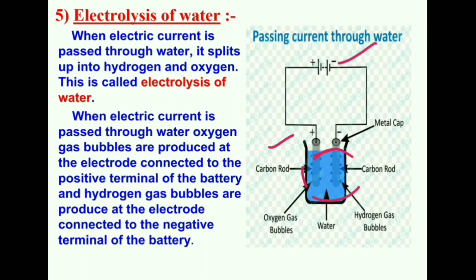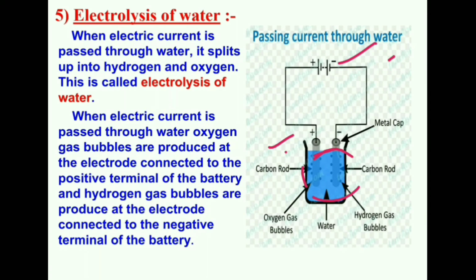दोनों इलेक्ट्रोड्स पे कुछ गैस के बबल्स बनने शुरू हो जाते हैं and we find that the bubbles of hydrogen gas are produced at the cathode and oxygen gas was produced at the anode. So this is how the electricity has decomposed water into two gases, that is oxygen and hydrogen.